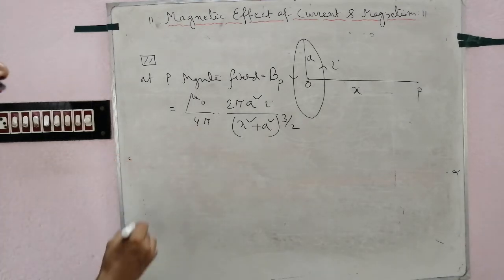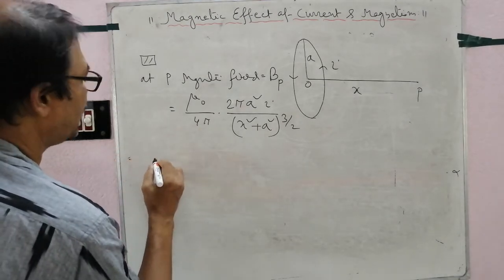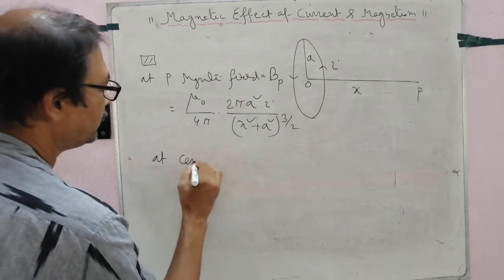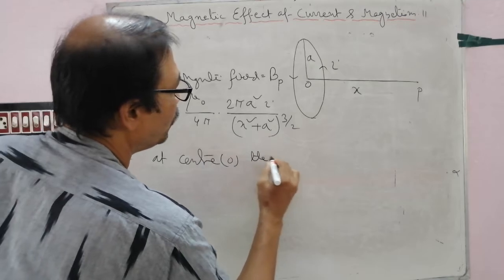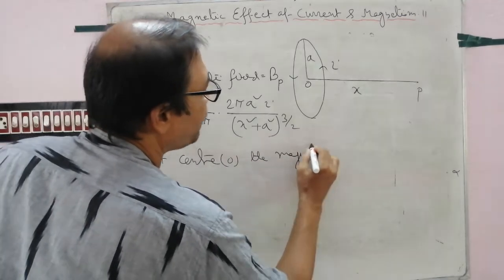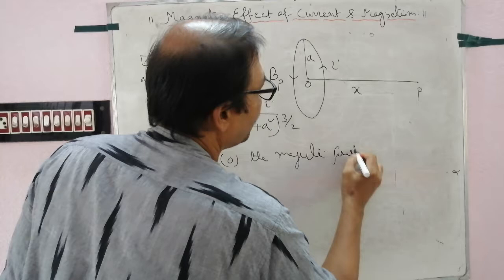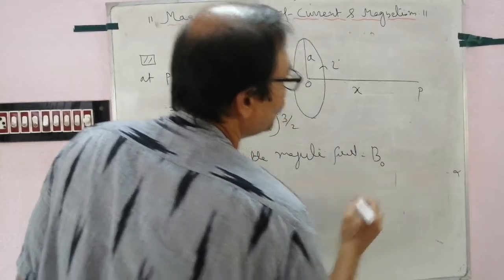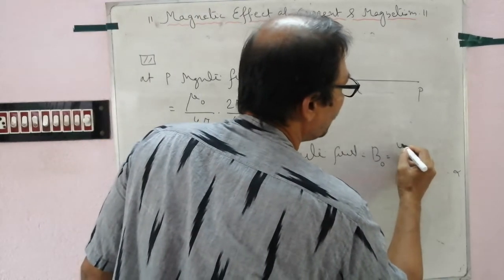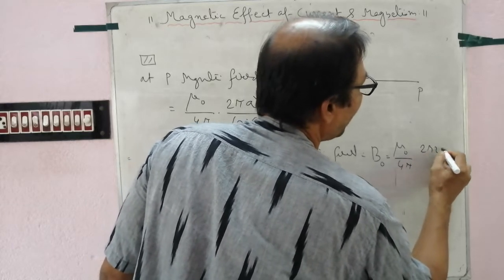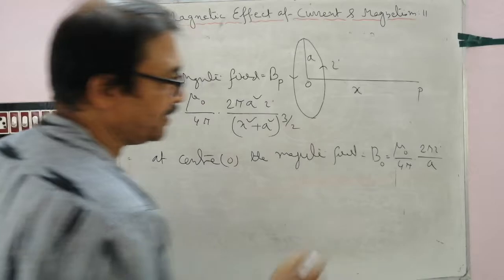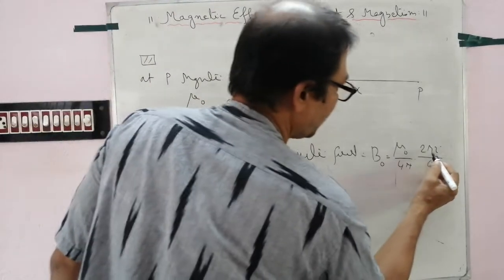Today I proved it. At the center O, the magnetic field B equals mu naught by 4 pi into 2 pi I by A. Of course, both are in Tesla. Clear?